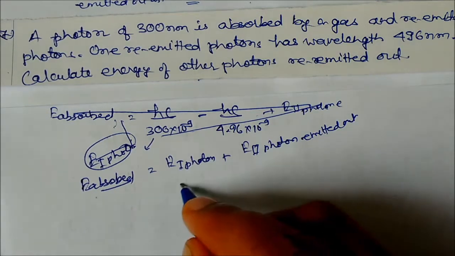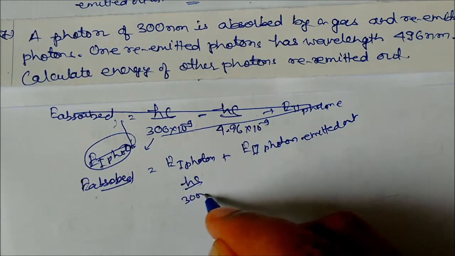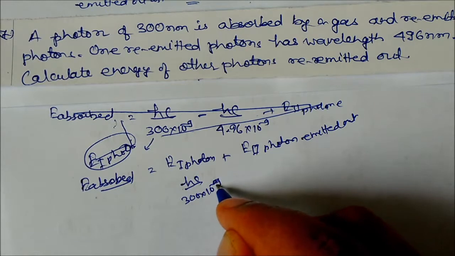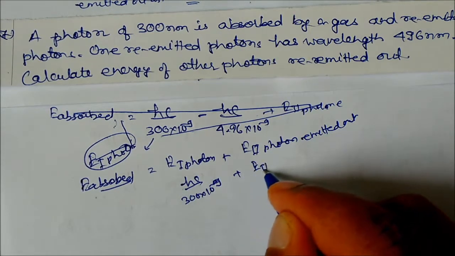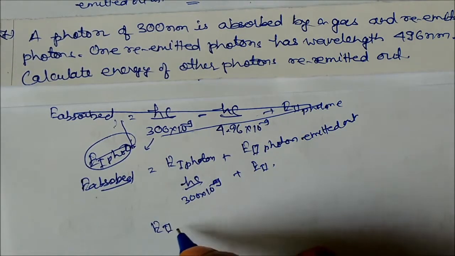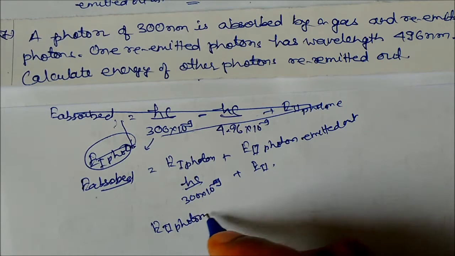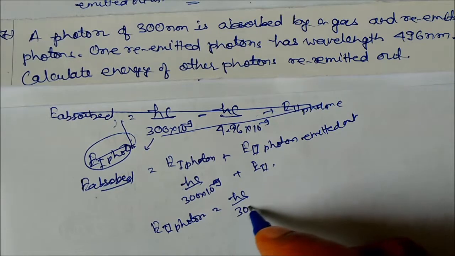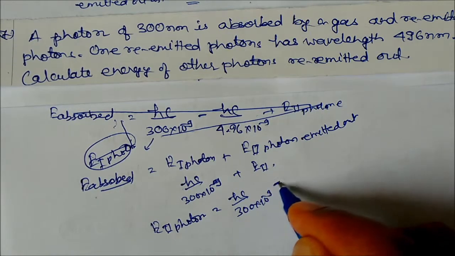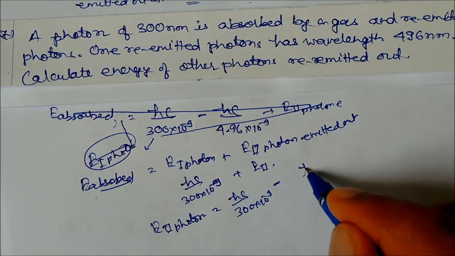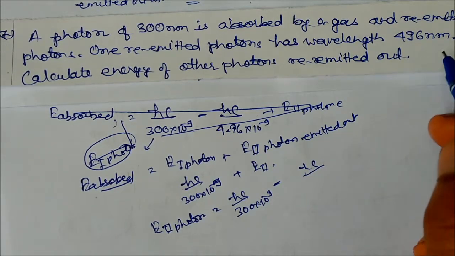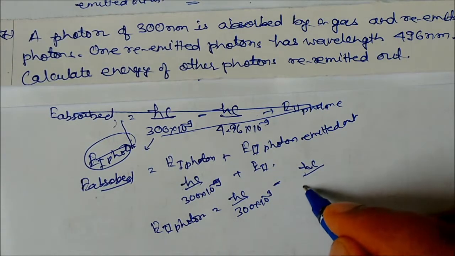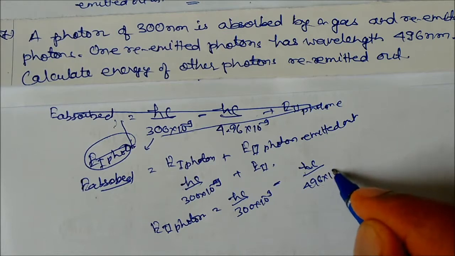So the energy of the second photon will be equal to the total, hc by 300 into 10 power minus 9, minus the one emitted, hc by 496 into 10 power minus 9.